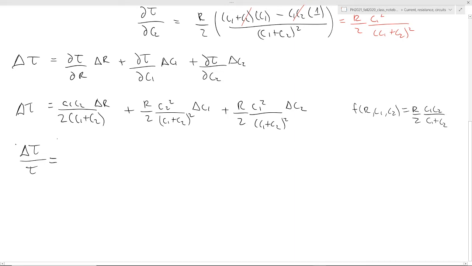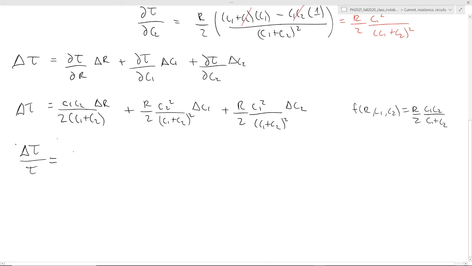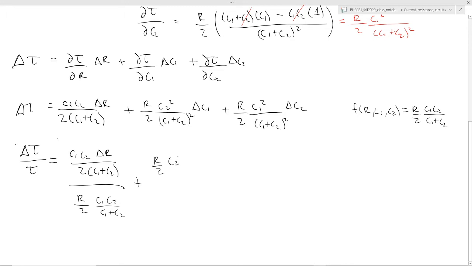So if we divide everything by that, plus, we'll just take a second here and be really explicit and write it out.